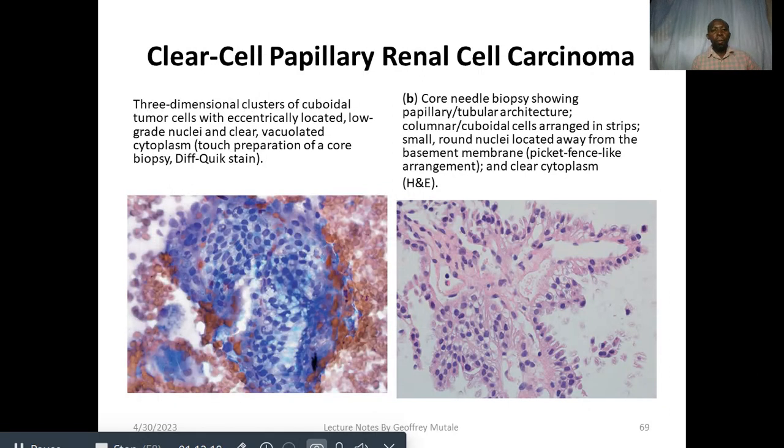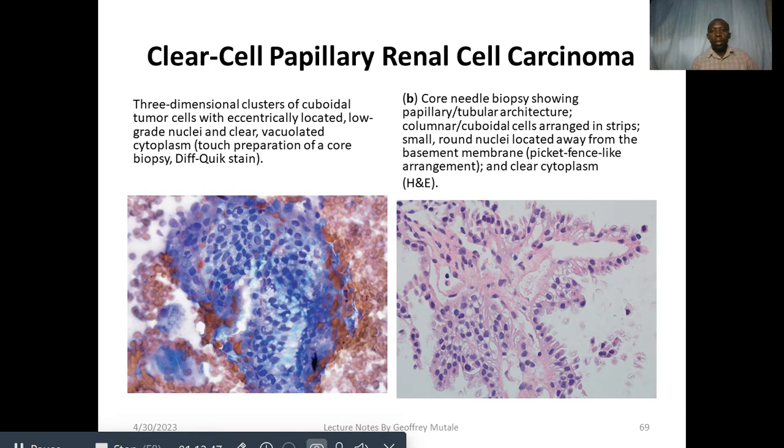In these images we can appreciate the image one on our left, that there is a three-dimensional cluster of cuboidal tumor cells with centrally located, low-grade nuclei and clear vacuolated cytoplasm, and this was a touch preparation of a core biopsy and stained.